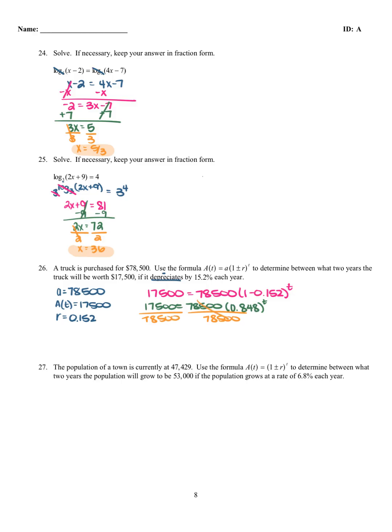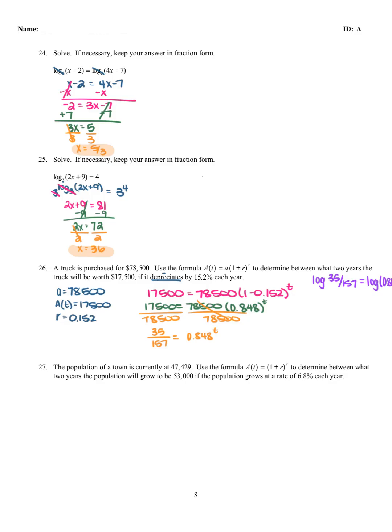This leaves us with 35 over 157 is equal to 0.848 to the power of t. We're going to take the log of both sides. So this is going to become log of 35 over 157 is equal to the log of 0.848 to the power of t.